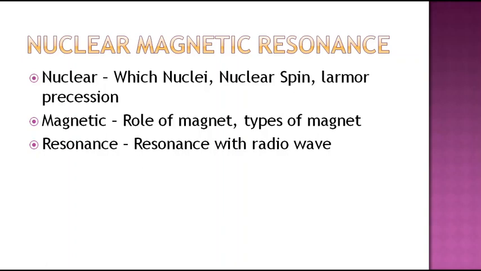For a nucleus to be NMR active, it has to have a half integral spin. An odd number of protons or an odd number of neutrons is essential for a nucleus to be studied in NMR.